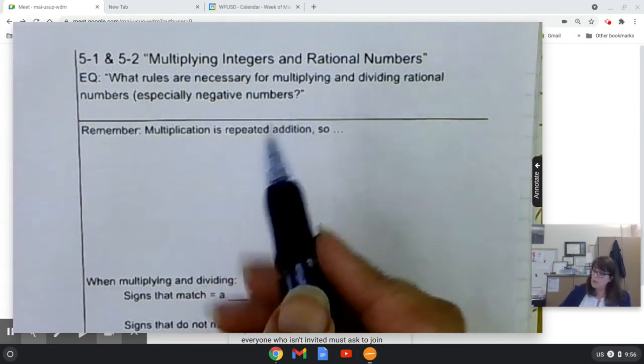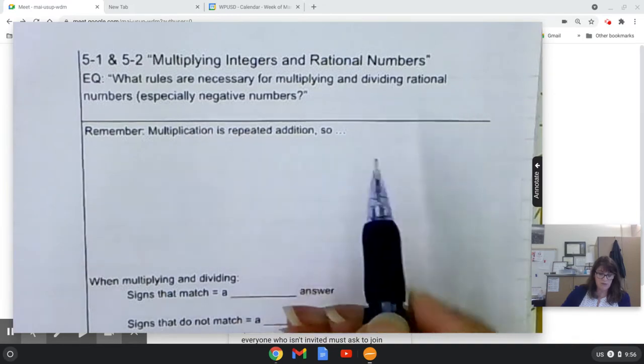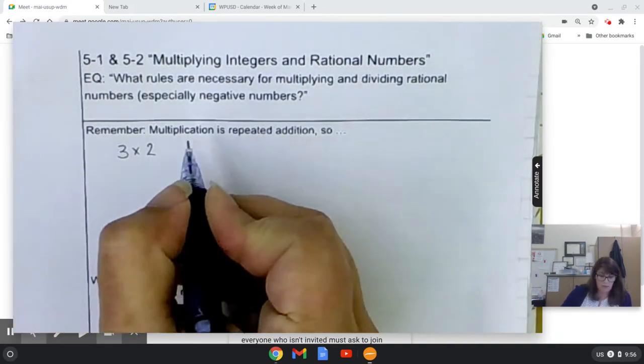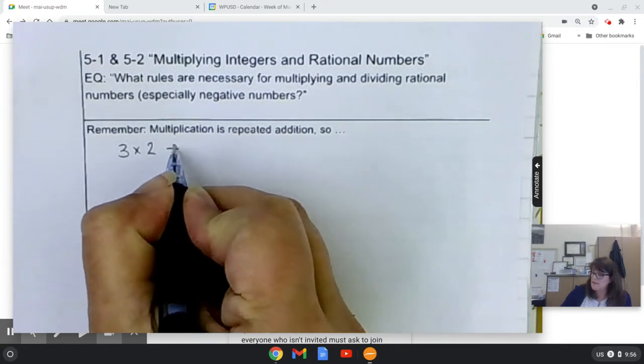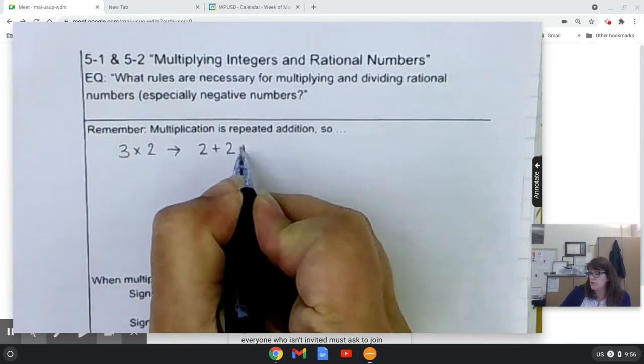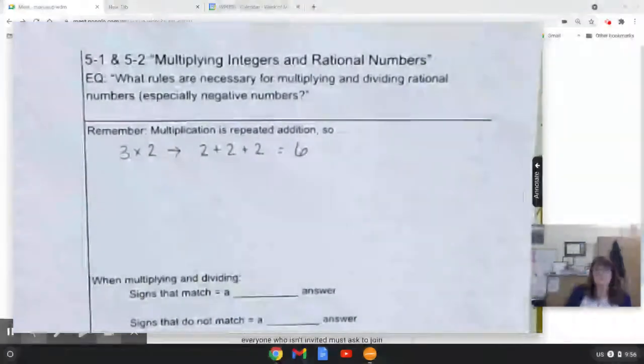So, remember that multiplication is repeated addition. So 3 times 2 is the same as 2 plus 2 plus 2, and the value is 6.